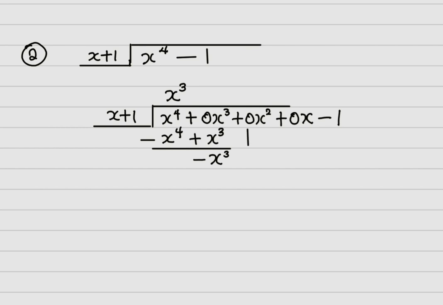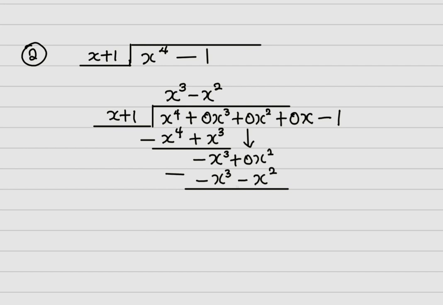Then I bring down this, which is plus 0x squared. The same thing I'm going to do, a factor that will multiply x to give me minus x cubed, I'll have minus x squared. Then another multiply, I'll have minus x cubed, then minus x squared. Okay, I will now subtract.